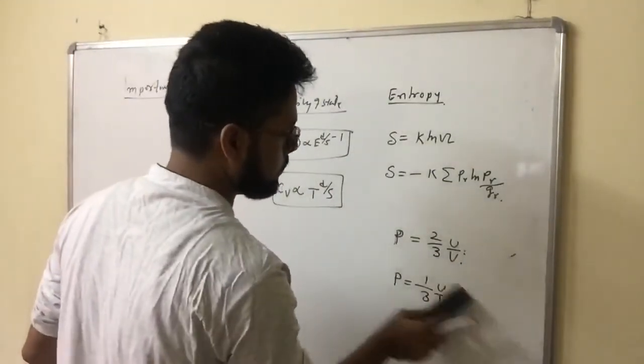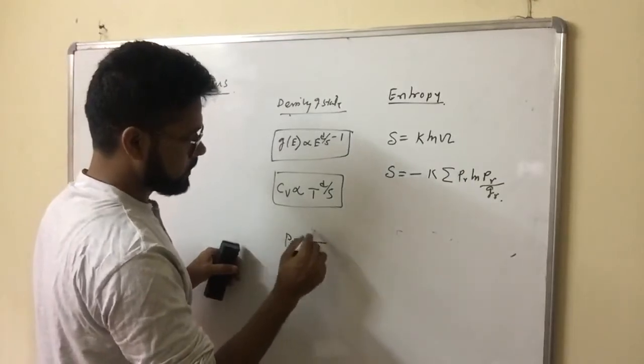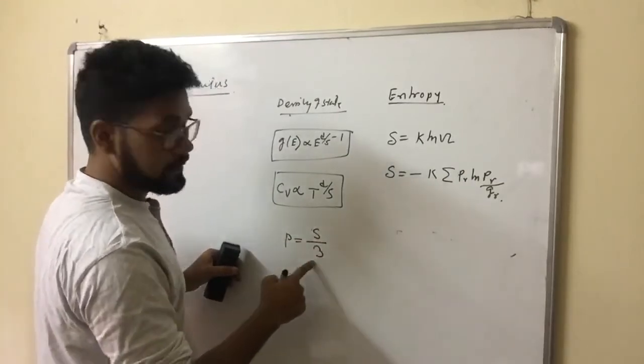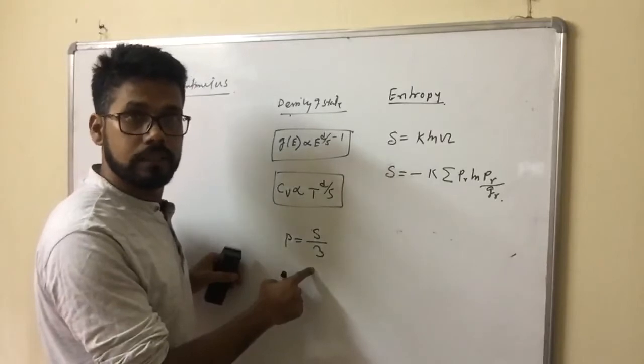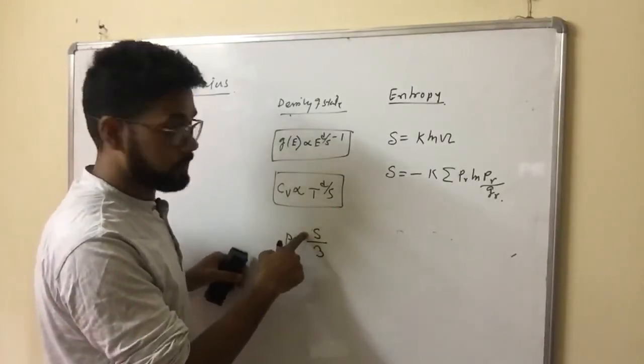So the general pressure formula is P = s/3 U/V. Remember, 3 is the dimension, and s is an integer value that depends on the dispersion relation.